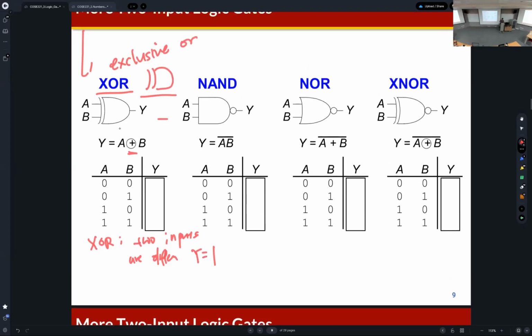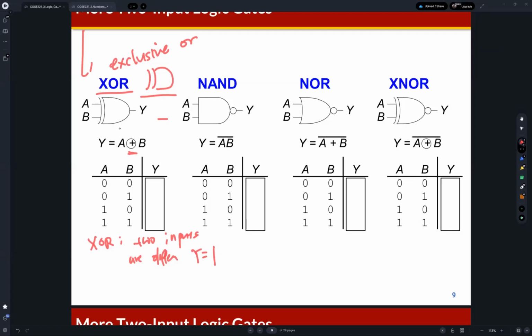In the exclusive OR, we just compare the two inputs A and B, and if the values of A and B are different from each other, then the output becomes 1.